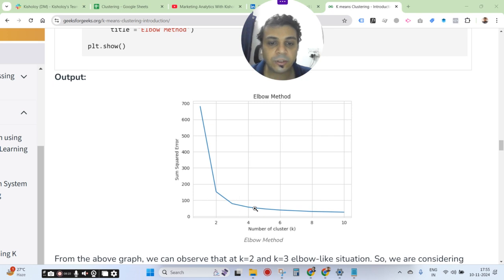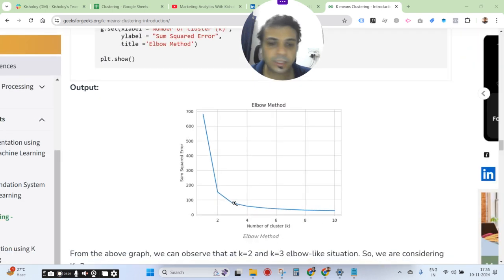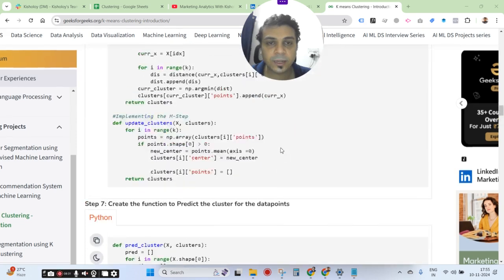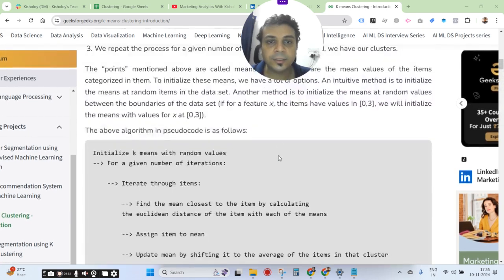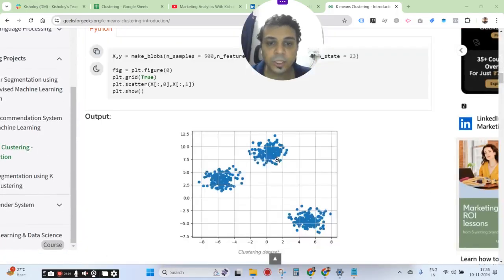Beyond that, adding more clusters doesn't have any more significant effect. As you can see, that threshold point here is around 3. 3 is a very common point, and in many cases for k-means clustering this is the optimal number of clusters, that is k equal to 3.